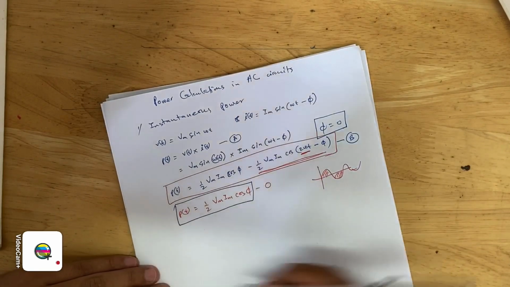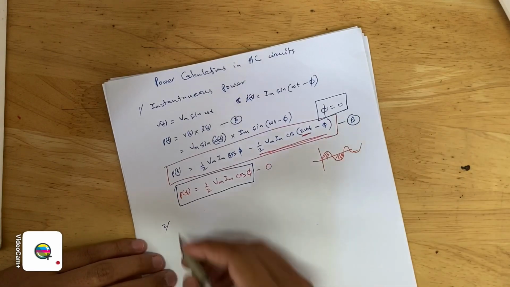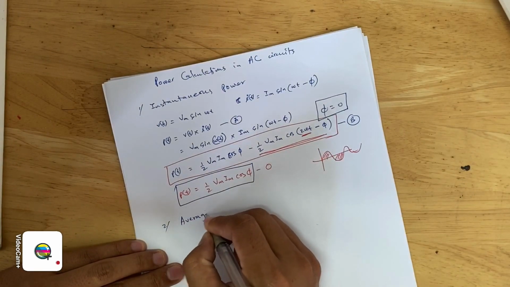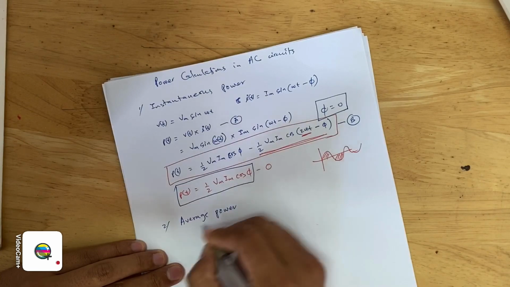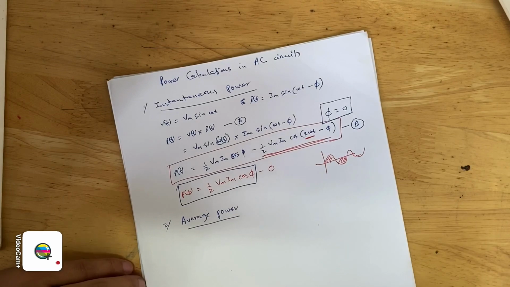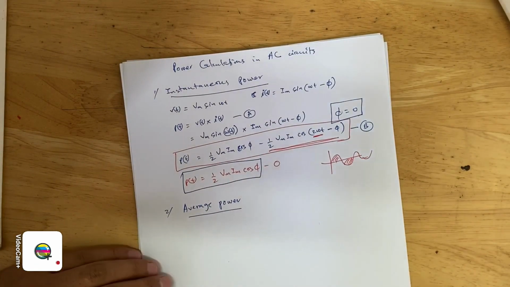The second terminology that we have is the average power. In order to calculate the average power, we have to understand the relationship between the root mean square and the instantaneous voltage and current.